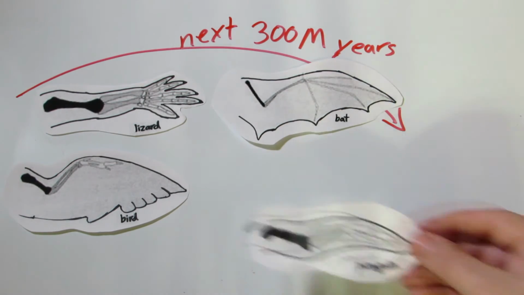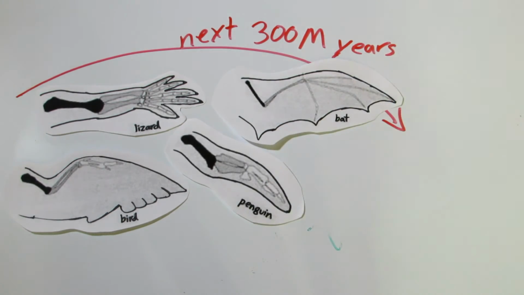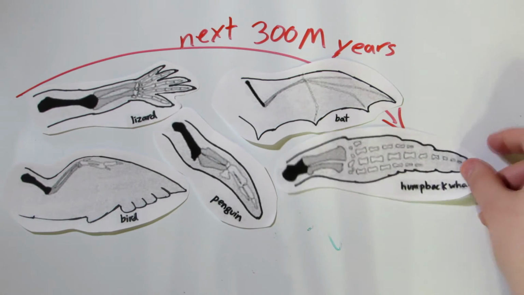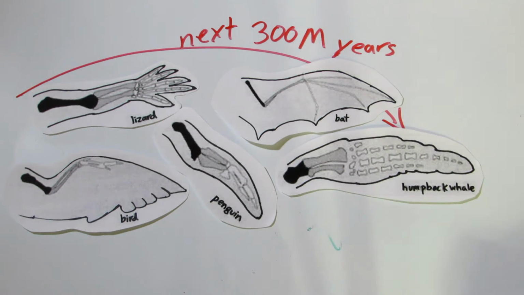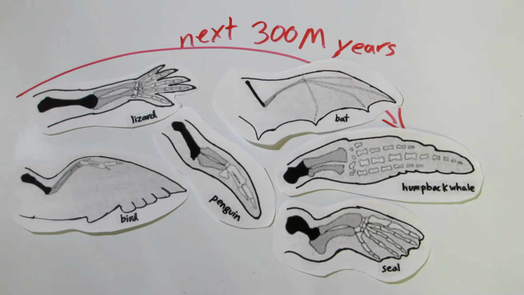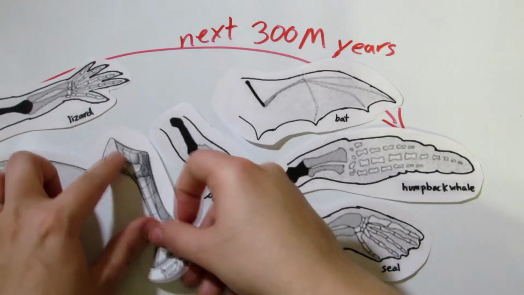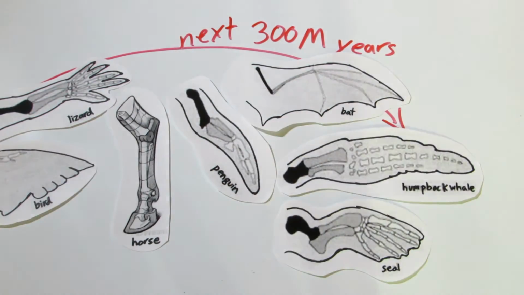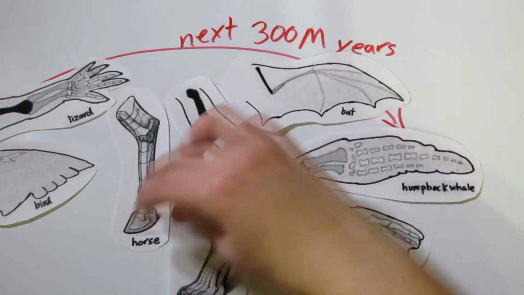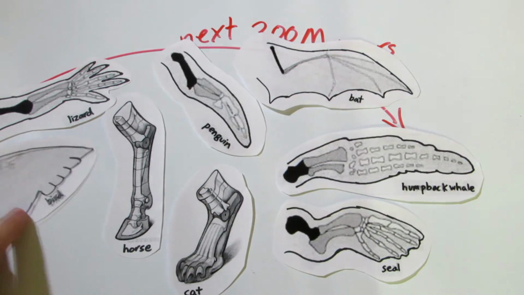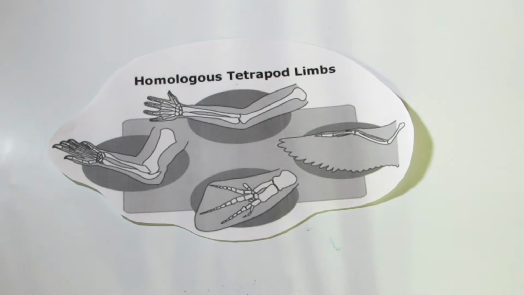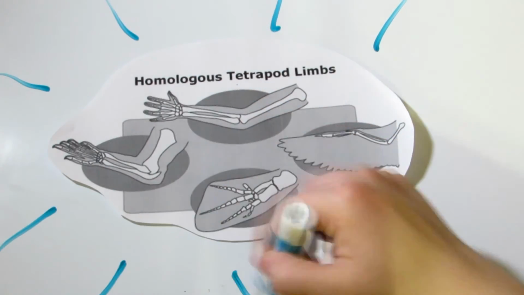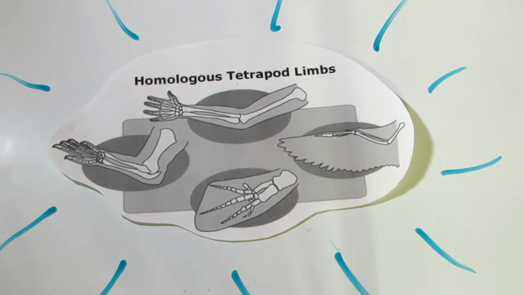All the animals that share this original bone structure have what we now know as homologous tetrapod limbs, meaning that they have 4 limbs similar in position, structure, and evolutionary origin, but not necessarily similar in function. The differences between these creatures lie in the difference in the shapes and sizes of the bones and the number of blobs, fingers, and toes.